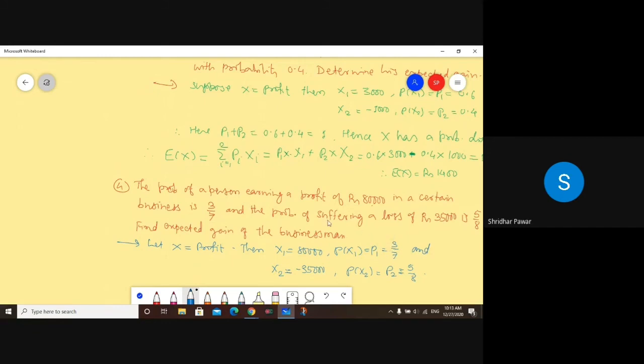Actually, instead of this 3/7, it should be 3/8. Okay, otherwise it will not be a probability distribution.